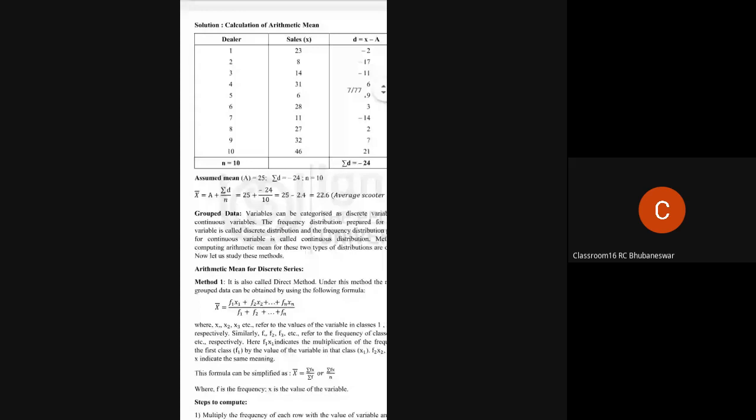So suppose there is a frequency, if frequency is there, it is a discrete series. Okay, discrete series, how will you know? I think you have read it: only single variables will be there and frequency will be there. No class interval is given.